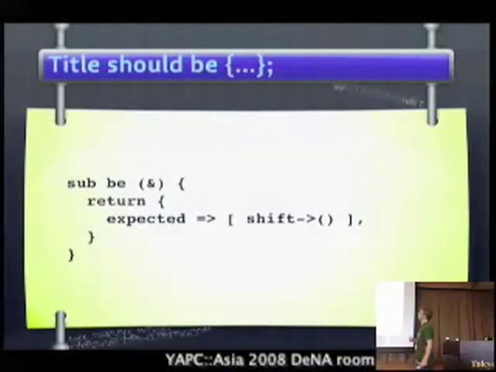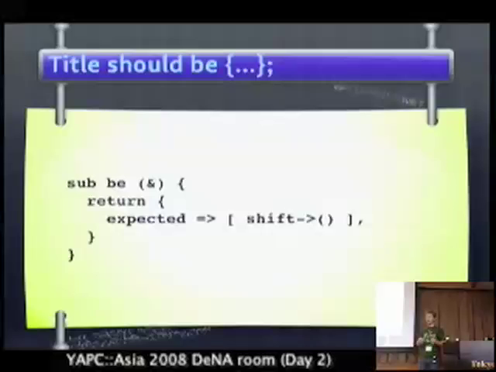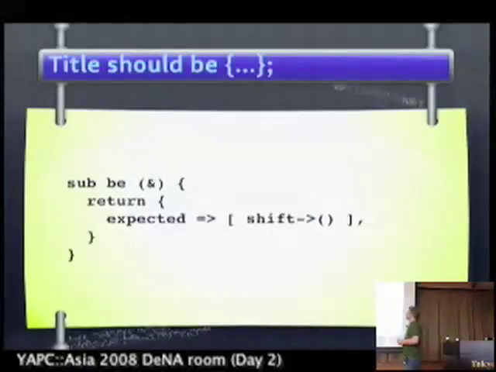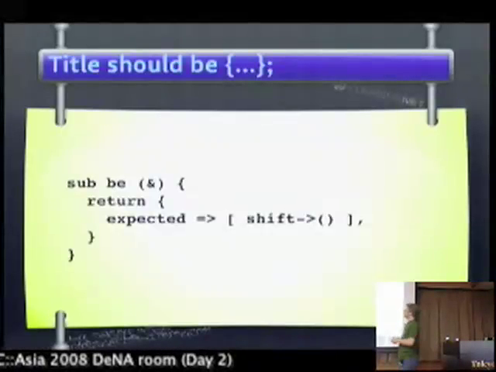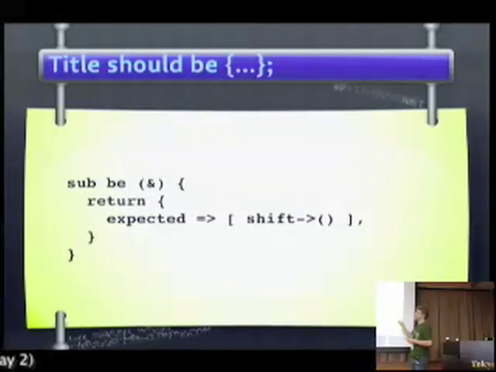It starts with be. So the function be expects a code block using this prototype. And what it returns is an expected value. So we put it in an array reference, and I'll explain why in a minute. But because it expects a code block, we have to invoke it. And when we fire off this code block, then we get our expected results.